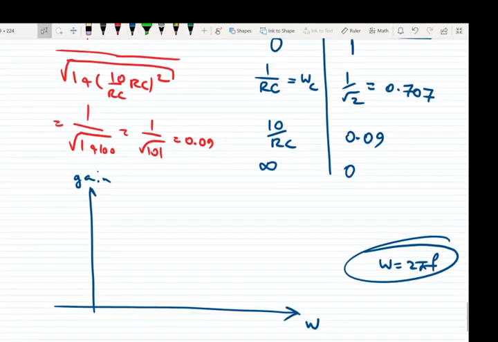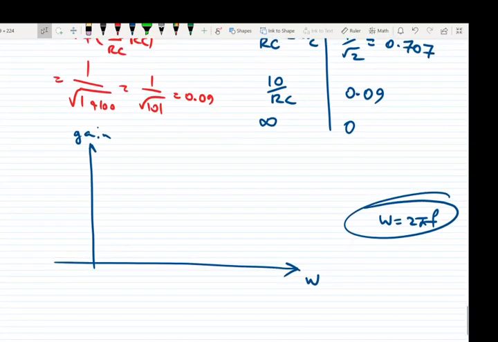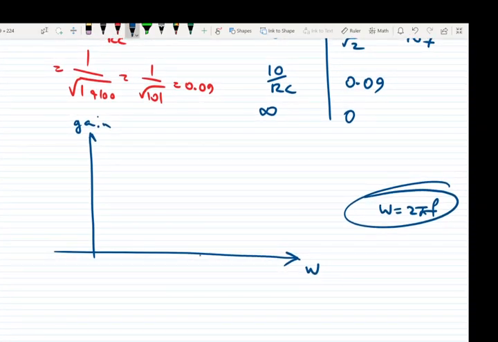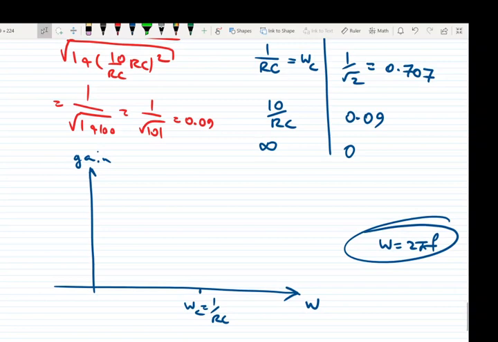We need to define different frequencies. So omega c, let's say it's here, 1 over RC, 1 is here, and let's say 0.707, which is 1 over square root of 2, is here.